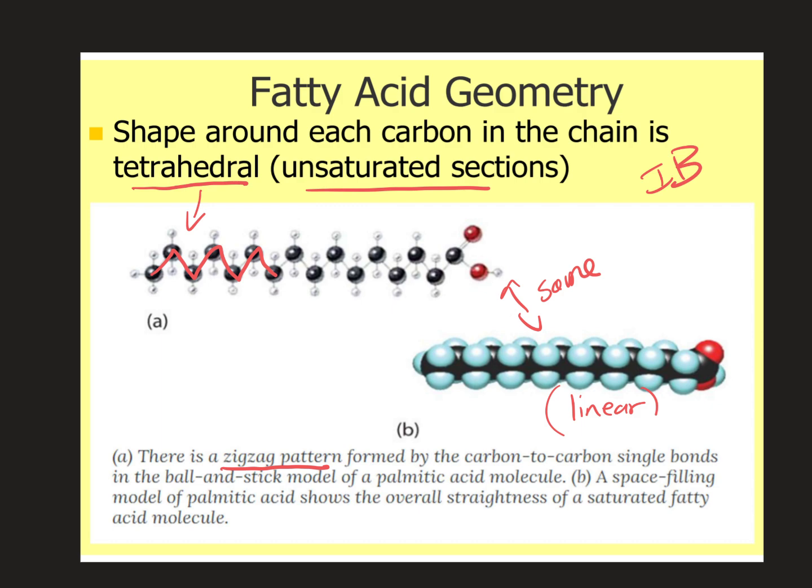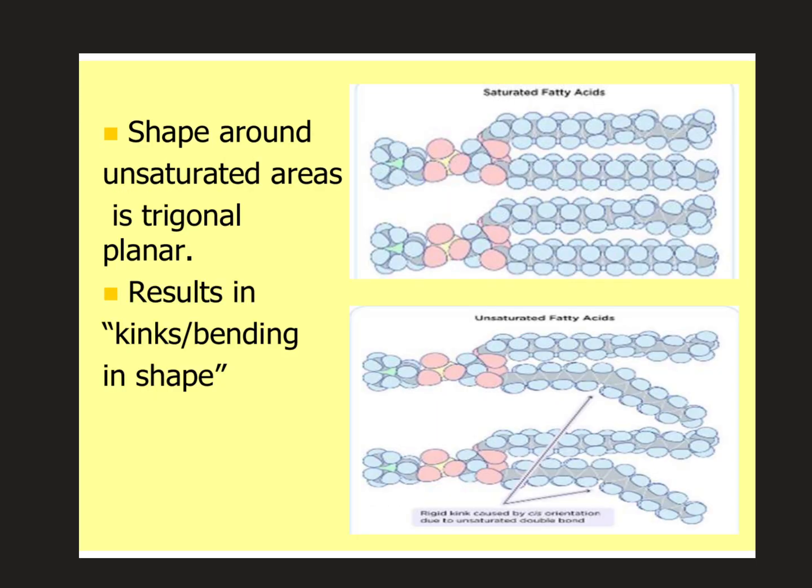Oh yes, I forgot about this. So the shape around the double bond is known as trigonal planar, all right? And because of this, this gives the fatty acids a kink in their shape.